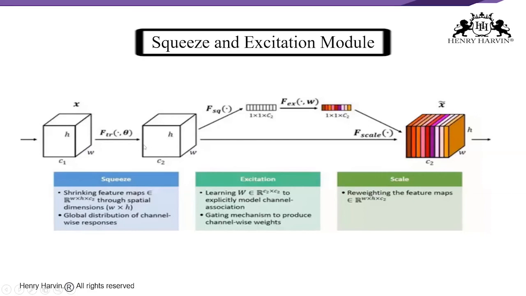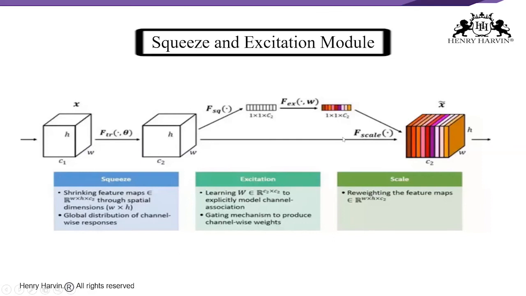This is the squeeze part and this is the excitation part, C1 to C2. Then they learn these C2 weights, and using these weights, each channel of this C2 volume is multiplied with the corresponding feature map.